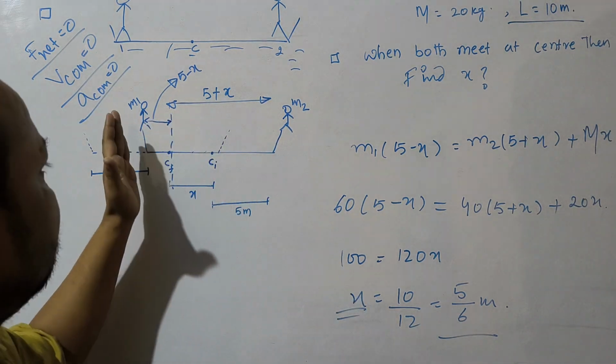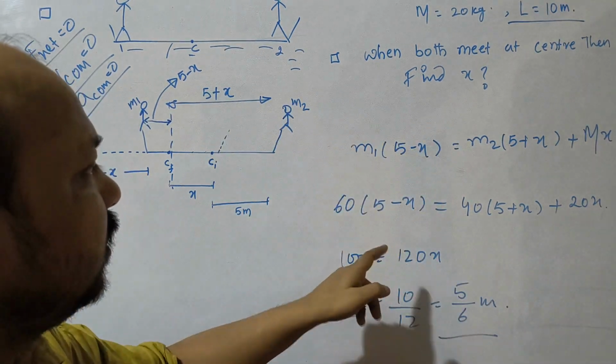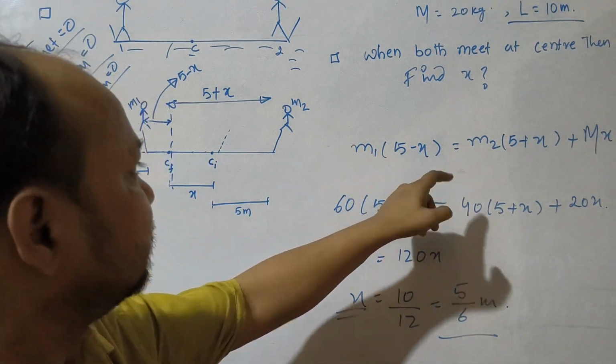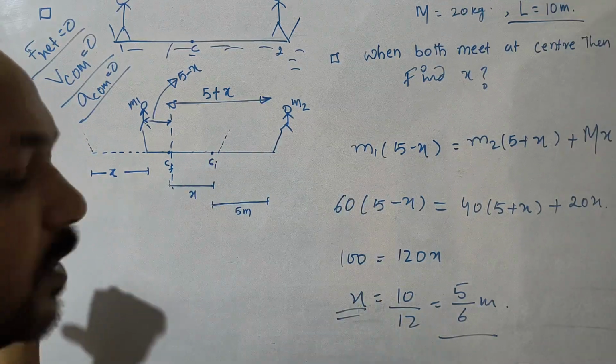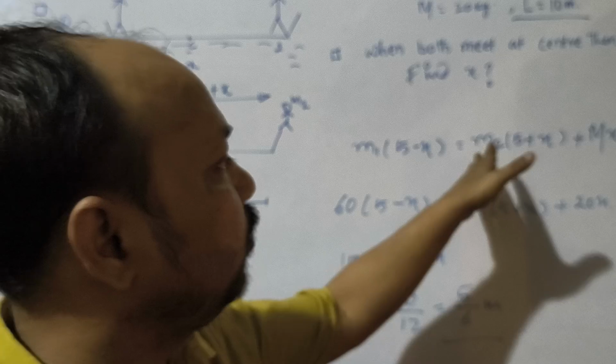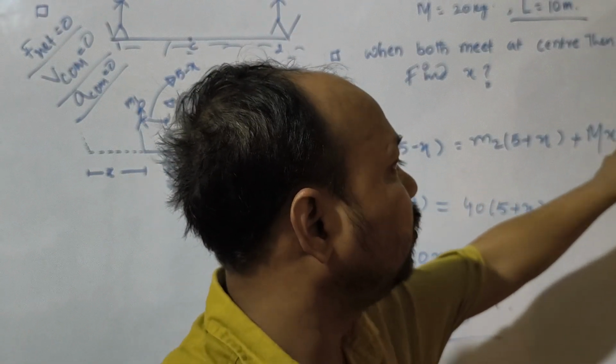Since M1 is moving in positive x direction, I am assuming forward as positive, so M1 into 5 minus x is equal to, boat and M2 both are moving in negative x direction or backward direction, so M2 into 5 plus x plus M, mass of boat, into x.